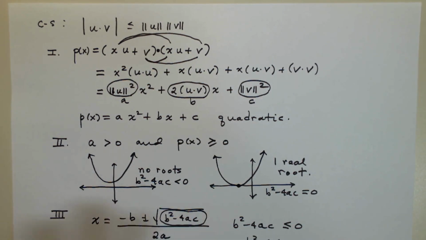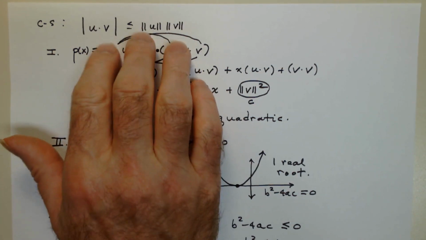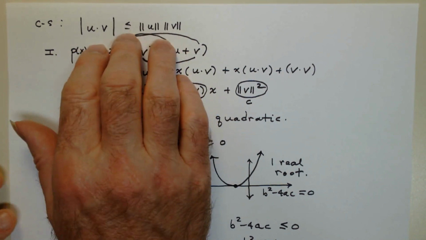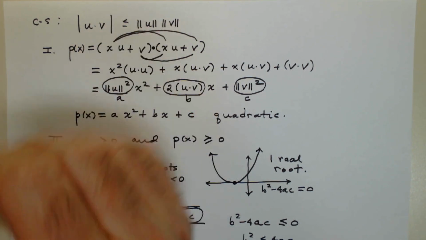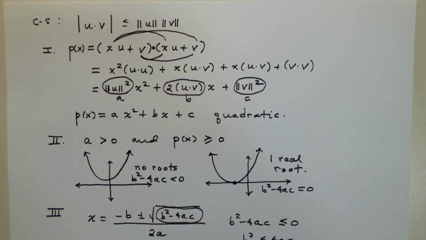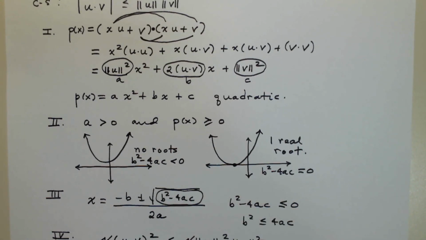So we're standing on the shoulders of giants here when we see this proof worked out. Nonetheless, this is a foundational result. This is the beginning of a lot of interesting work, geometrical work in these vector spaces. So we have the Cauchy-Schwarz inequality. I wanted you to see how the proof looks. I'm not going to hold you to this, but I thought you might enjoy seeing this in some detail.